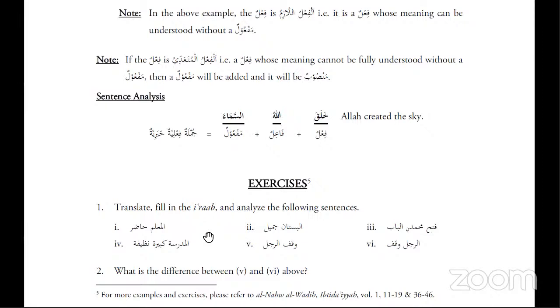Yeah. So Fataha is the verb, which means open. Fataha Muhammadin al-Babi. No, Muhammadun. That noon there is a mistake. That noon shouldn't be there. Fataha Muhammadun. So who is doing the action of opening? It's Muhammadun. Excellent. And al-bab, what is al-bab in this sentence?